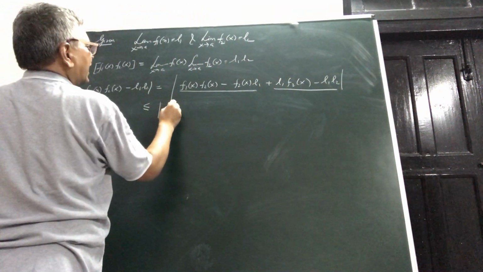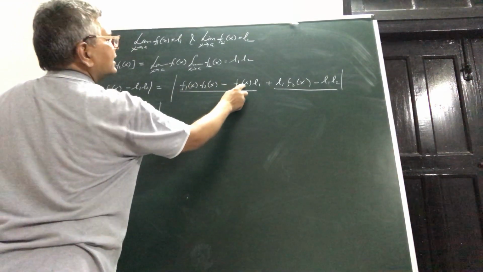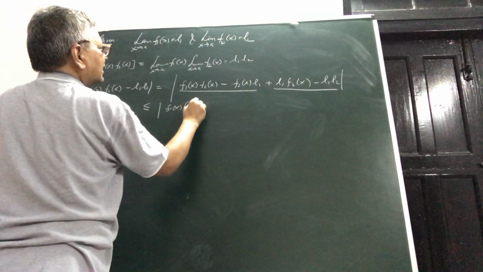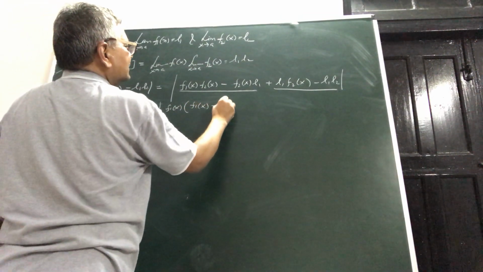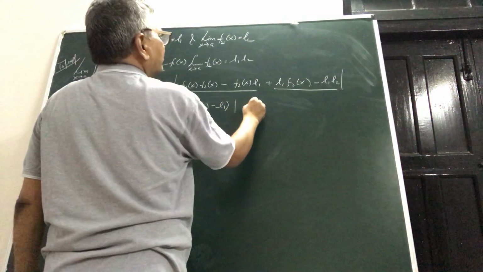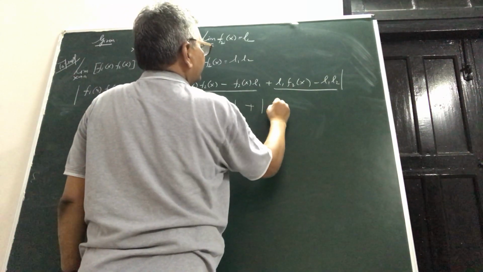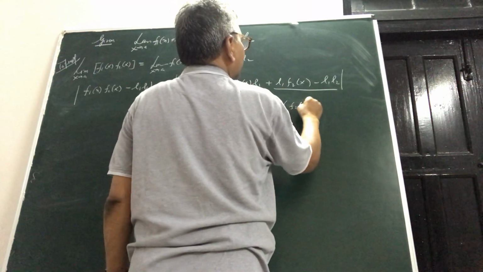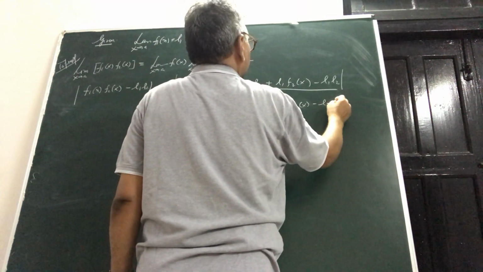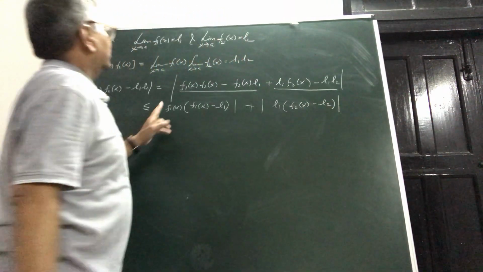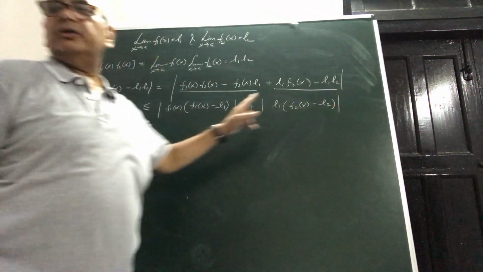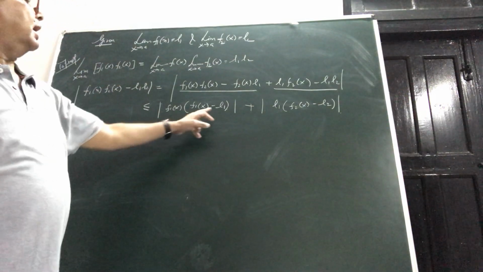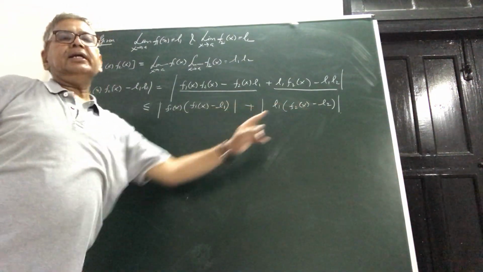So this will be less than or equal to mod of f1x, taking f1x common, times f2x minus L2, plus mod of what you need to take common, L1, times f1x minus L1, in the other bracket. Because mod of z1 plus z2 is less than or equal to mod z1 plus mod z2.